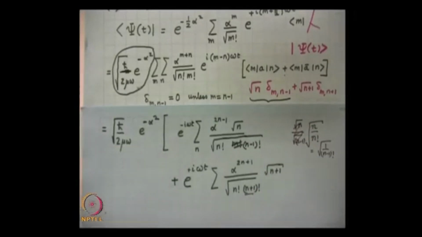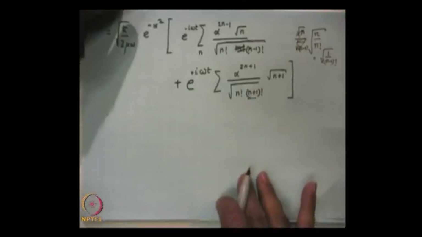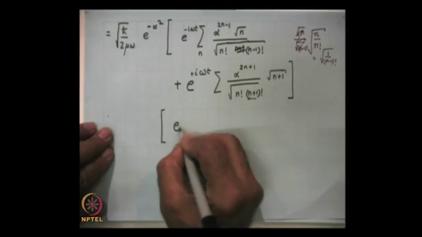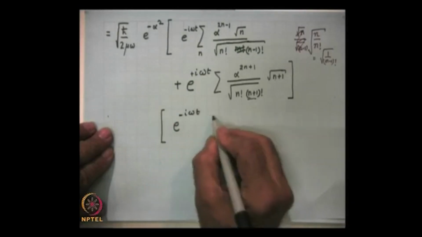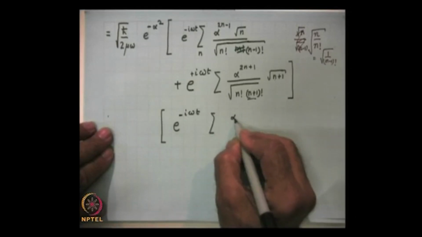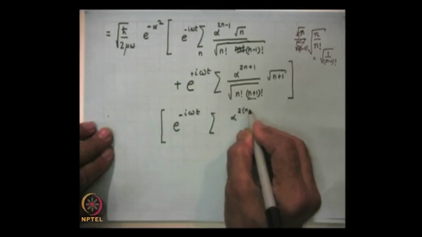Therefore, I close the bracket here and I obtain e to the power of minus I omega t, let me write it down as alpha to 2 n minus 1.